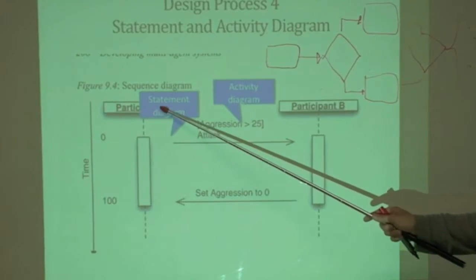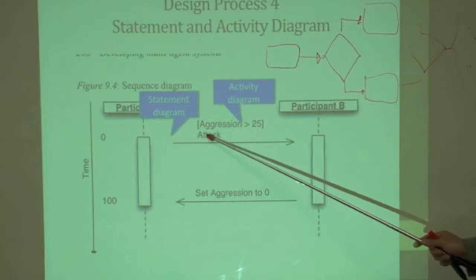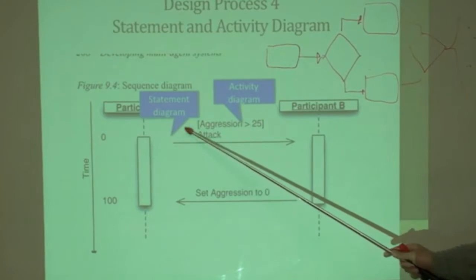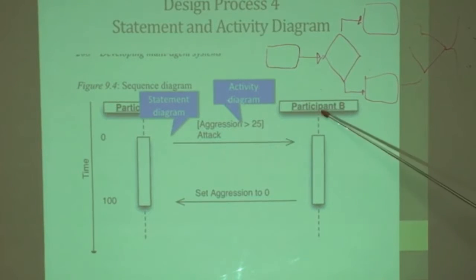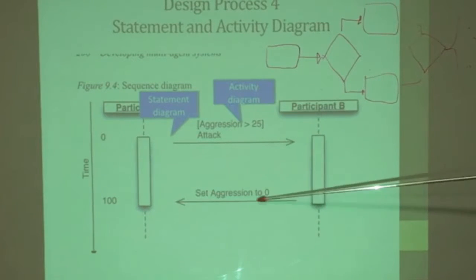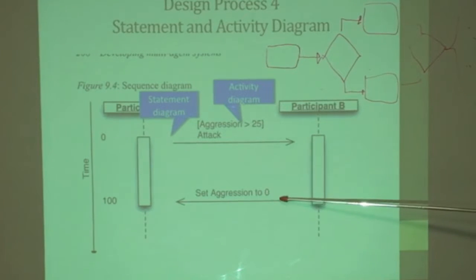So if the aggression attribute of this agent is larger than 25, this agent will attack this agent. Then set aggression to 0.